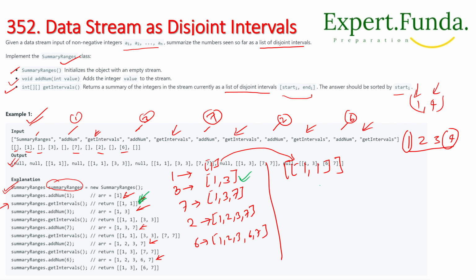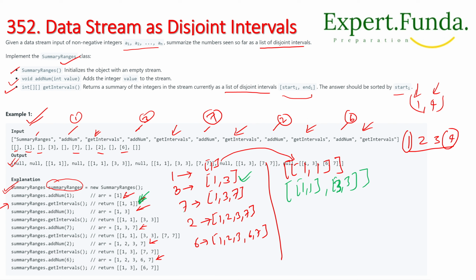Previously we had 1 1 already. Next we have 3 3, because 3 is greater than 1, and even if we add plus 1, this is also a new interval. So the intervals will look like this.